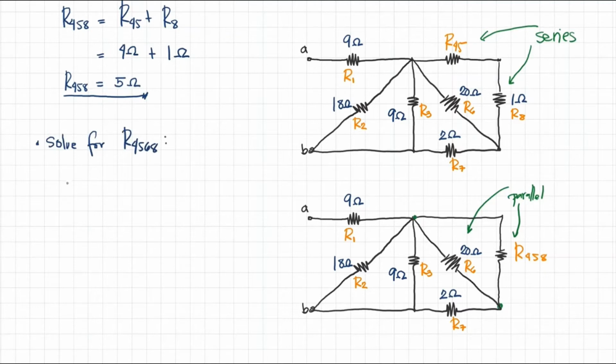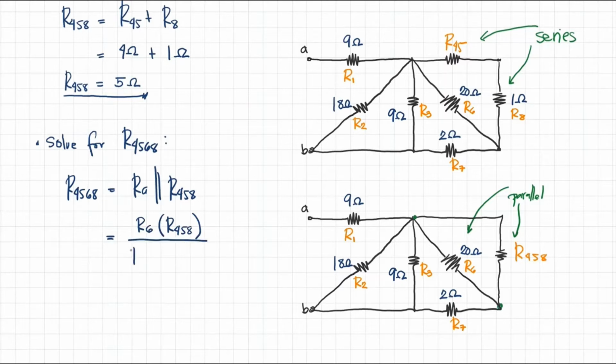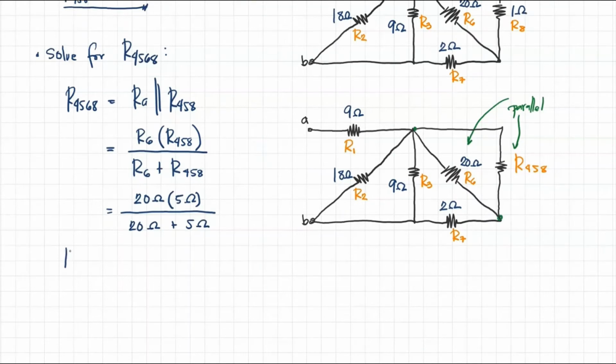So R4568 is simply R6 parallel with R458. We follow the formula R6 times R458 over R6 plus R458, and then substitute the given values: 20 times 5 over 20 plus 5. Again, the value is 4 ohms.